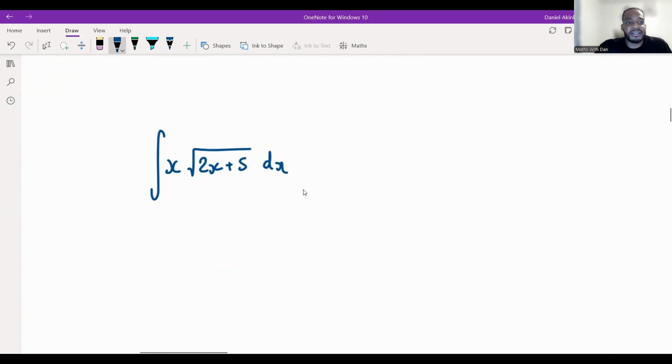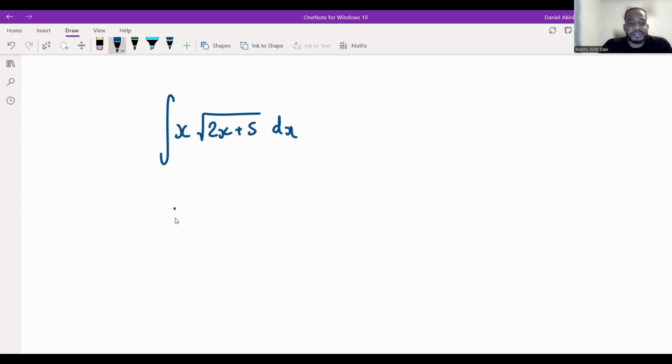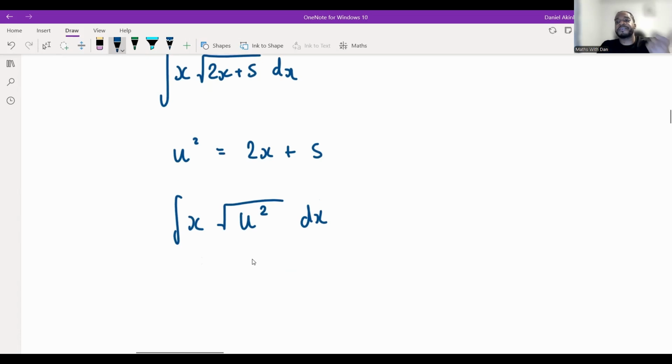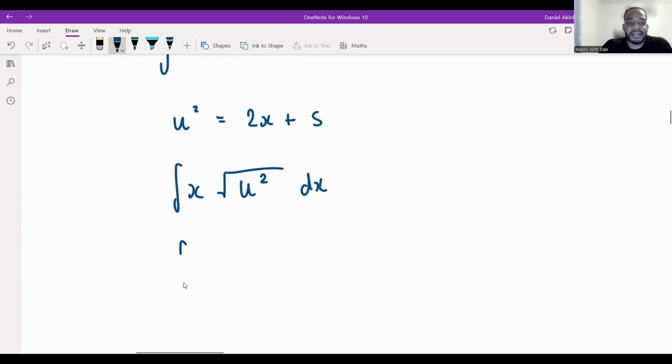Now, firstly, if u squared is 2x plus 5, I could write this as x and then the square root of u squared dx, because that's 2x plus 5. The square root and the square will cancel, so right now it's just x u dx. So this substitution allows us to get rid of that square root.